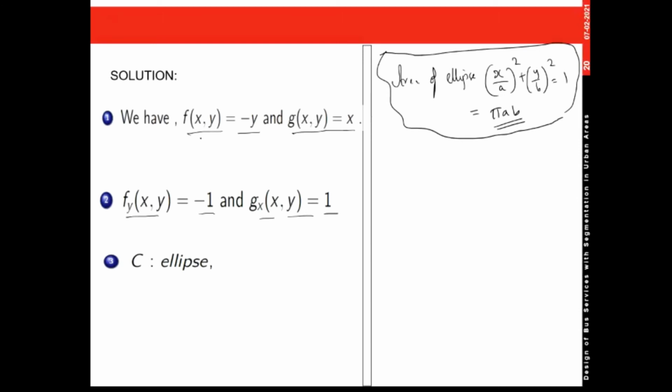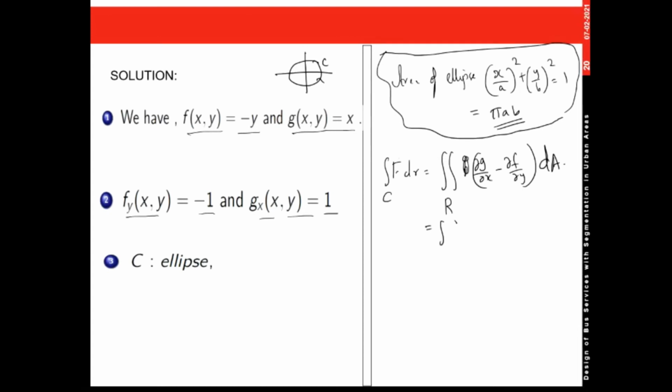So what we want to do is find the integral of F dot dr, which is actually equal to the double integral over R. Our region of integration is the ellipse, and we have dou g by dou x minus dou f by dou y dA.